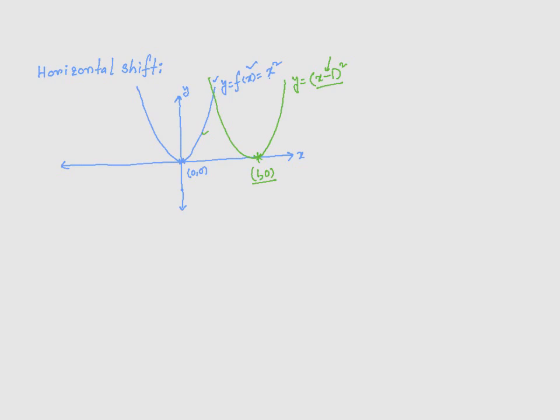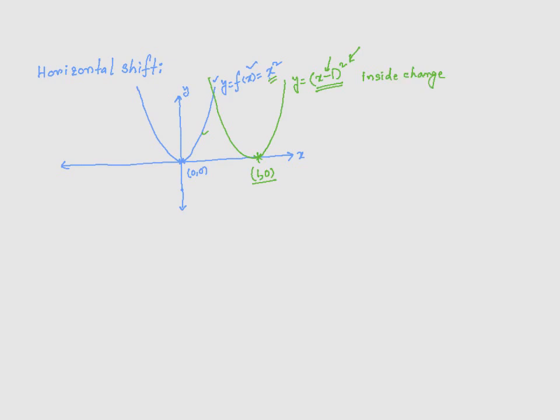Now, here is another thing I would like to point out. This change in the function is under the square, which means it's an inside change. So this is a square function, y = x squared, and now the change is inside the square. We call it an inside change.